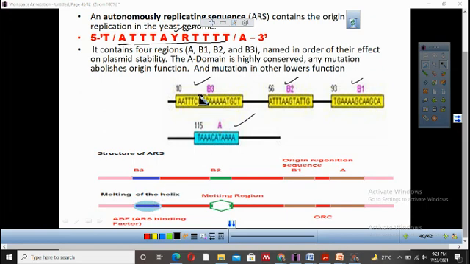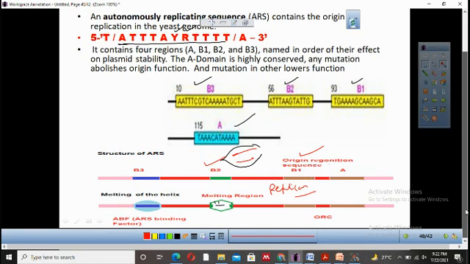And when this factor binds at these sites, it will initiate the melting, or the breaking of the hydrogen bonds. The hydrogen bonds break and it forms a single-stranded fork like this, and then the DNA is synthesized. So this is the initiation site, which is called the replicon, the melting region, and this occurs at the B2 region. The origin of recognition sequence is at the B1 site. This is called the ORC, origin of recognition complex.